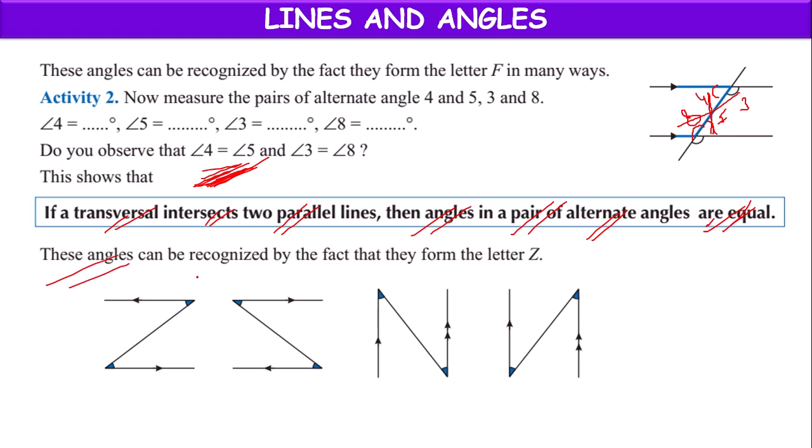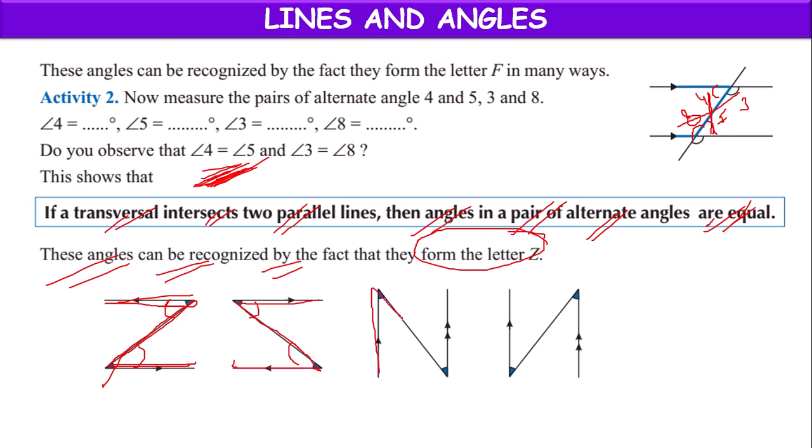These angles can be recognized by the fact that they form a letter Z. Like this, these two angles form a letter Z. These two are parallel lines. This is the transversal. This side angle equals this side angle. Or if you take it from this side, this side angle equals this side.